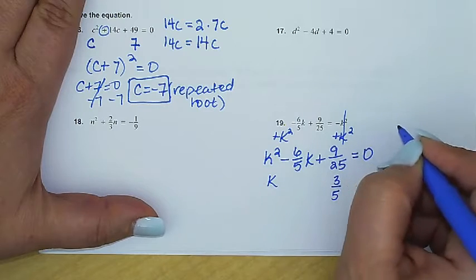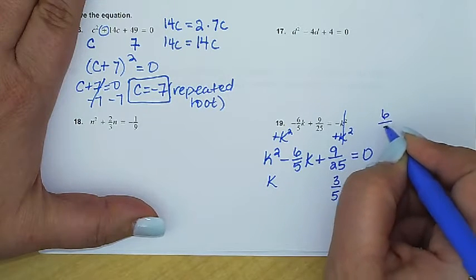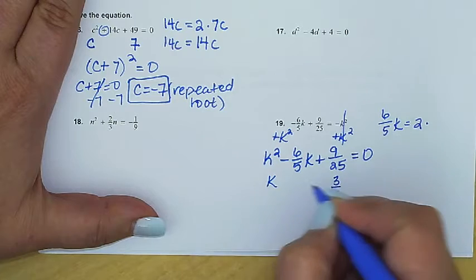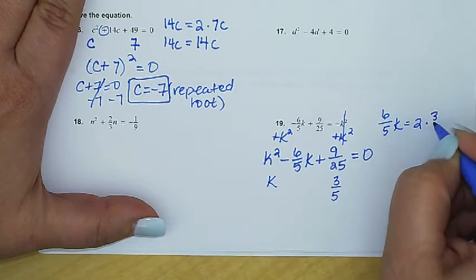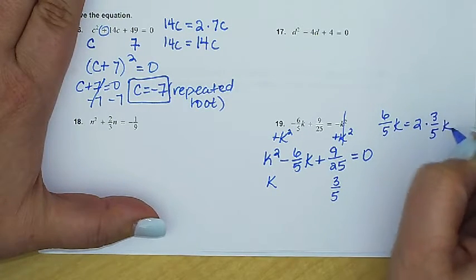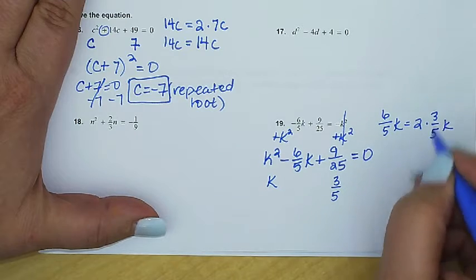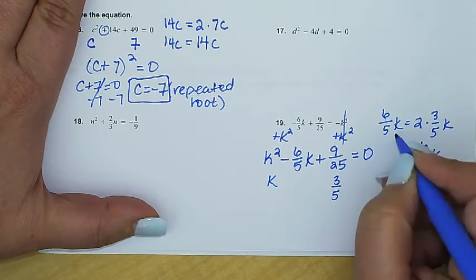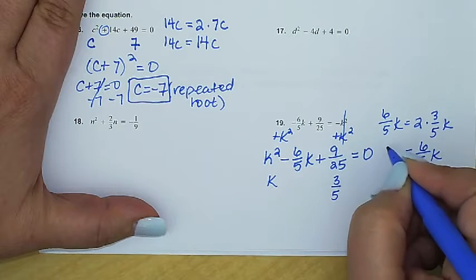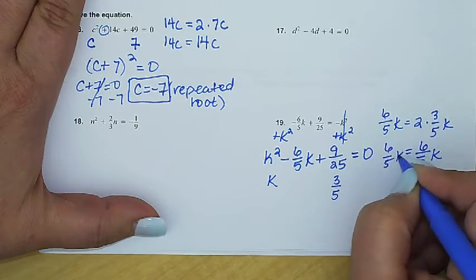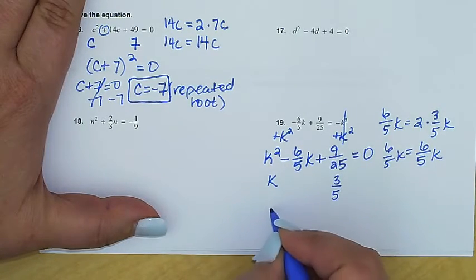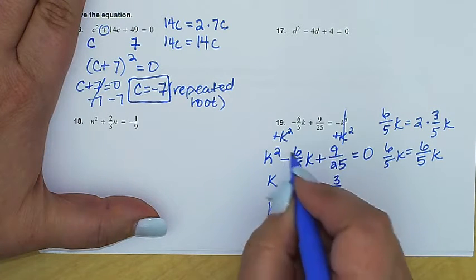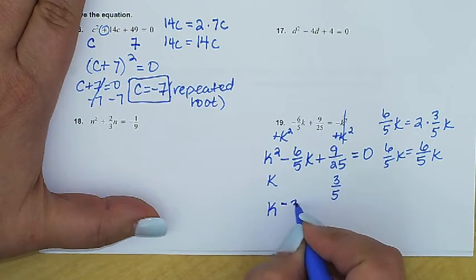And right here in the middle, the question is, is 6/5 k the result of 2 times the product of those 2 square roots? And the answer is yes, because 2 times 3 is 6. So that's 6/5 there, which is what we had. So yeah, that works. And since it's a perfect square, then we can just write it in factored form as k, the middle sign, which is a subtraction here, and then the 3/5.